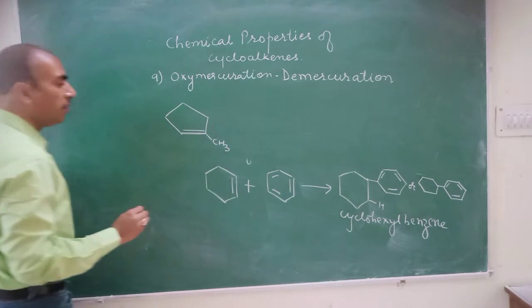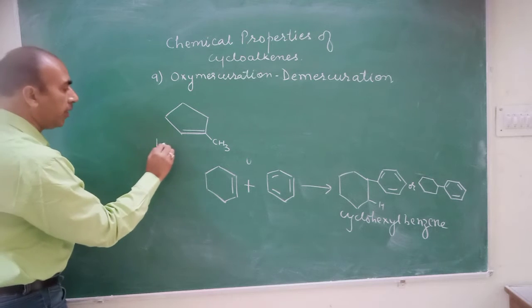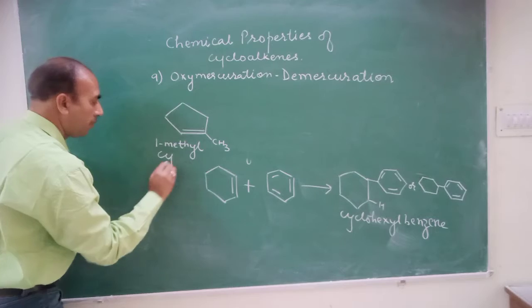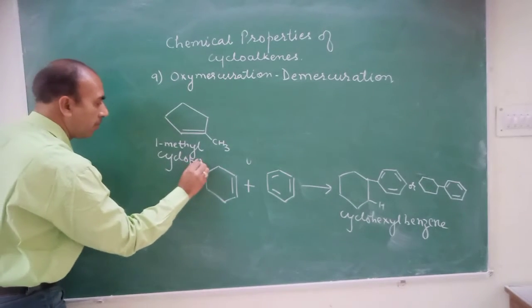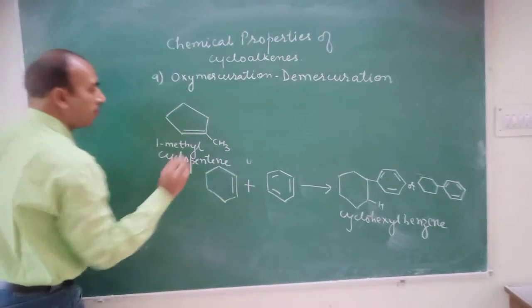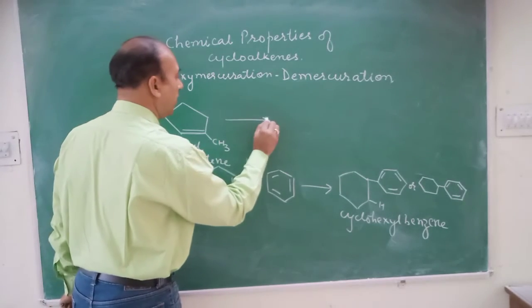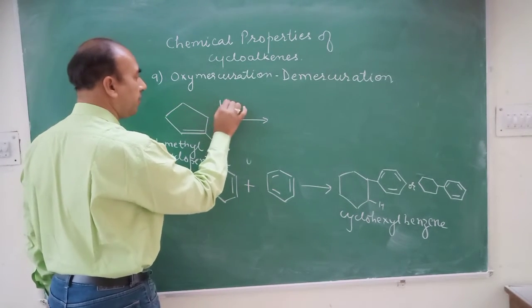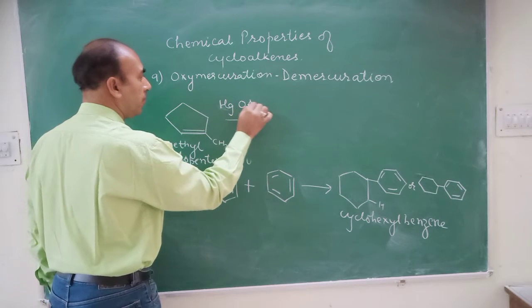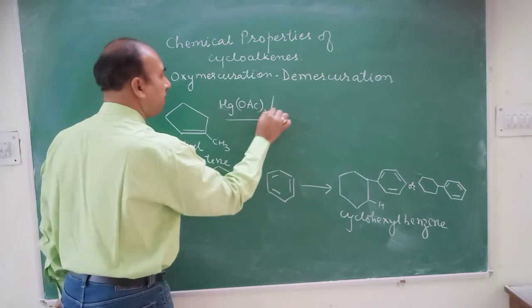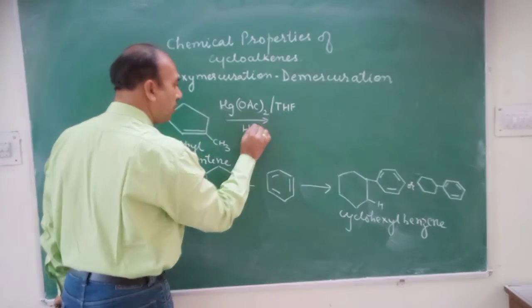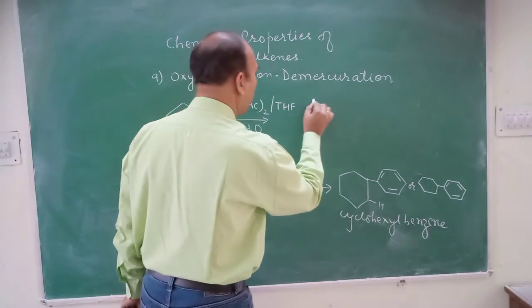See, here we are taking 1-methyl cyclopentene, and it is reacted with mercuric acetate in tetrahydrofuran, and then we hydrolyze.